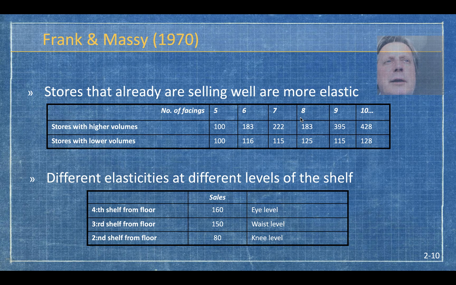And this is something that has been shown over and over in different ways, that it's much easier to sell even more in a store or in a display that's already working than to start with a store that's not selling well and get it to sell a lot.